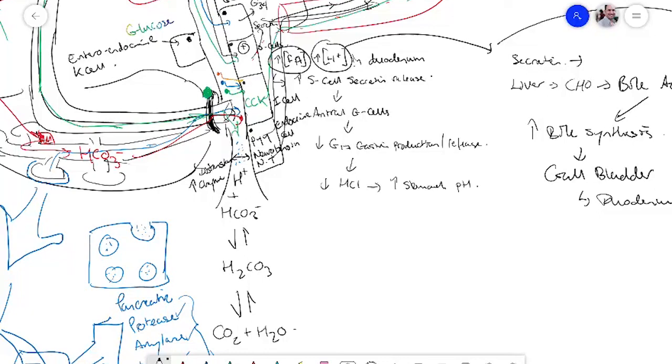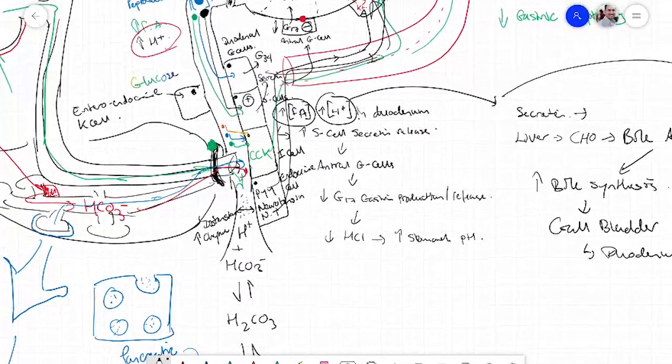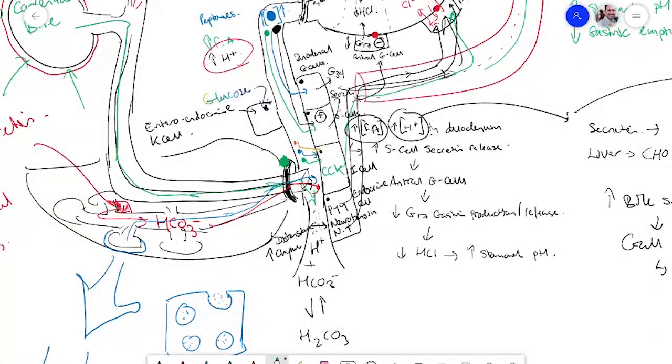All right, so it is. Oh god, I gotta get my glitter back out here, haven't I? Right, and the reason I put it here is because it is affected by glucose predominantly. Also a little bit of fatty acid as well, but just for kicks and giggles, I'm going to do this in glitter.